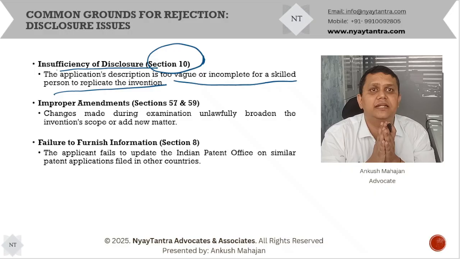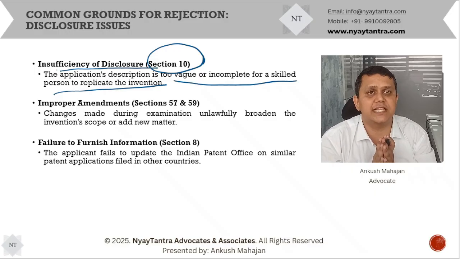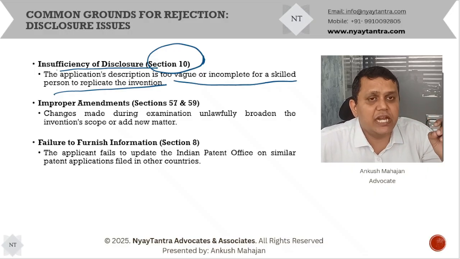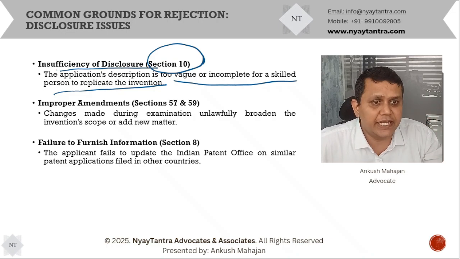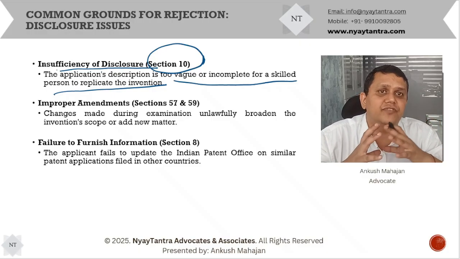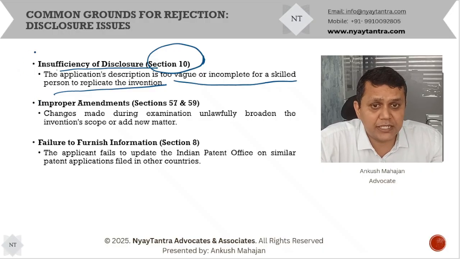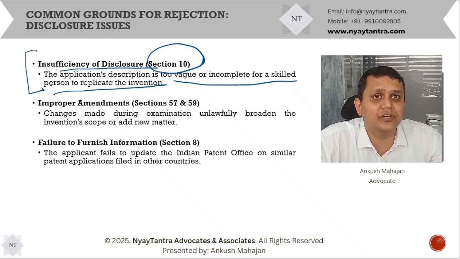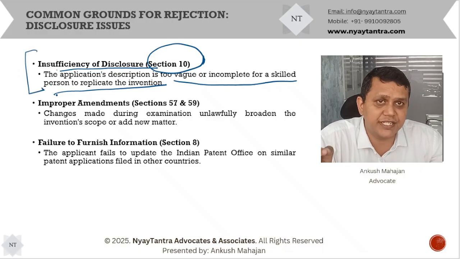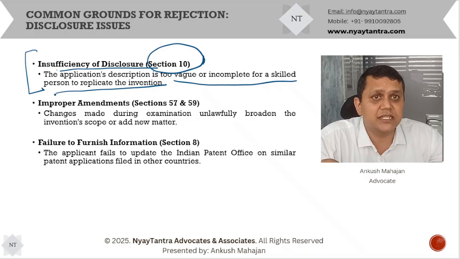So what the learned controller tries to communicate here is that you have failed to disclose the invention in detail, and that is why any person skilled in the particular art related to your field of invention is not able to replicate the invention on their own without any undue experiments. Having said that, the controller lists these rejections and provides reasons why the learned controller believes that the complete specification does not provide sufficient disclosure.